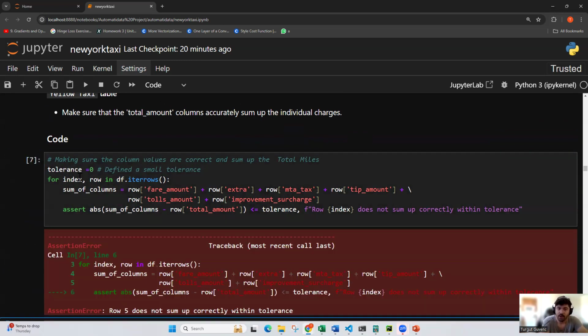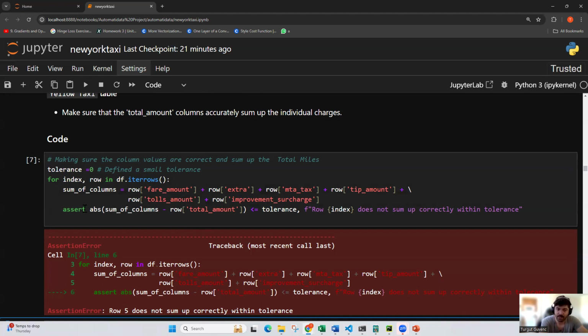What I'm doing here is df.iterrows, creating a for loop going through each row one by one. Row fare amount plus extra plus tax plus tip amount plus tolls amount plus improvement surcharge needs to be equal to total amount. That's what we expect from our data set.